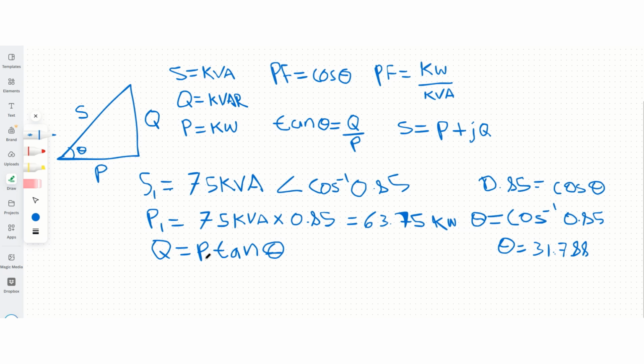Now we can plug in 31.78 into the angle.